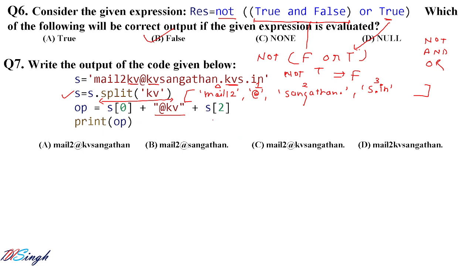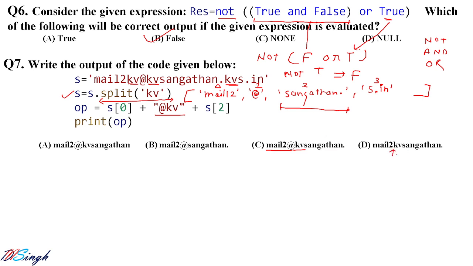So plus works as the concatenation operator in a sequence. String is a sequence, so it is going to put these two strings together. So here you will have mail2, then at the rate KB, after that Sangathan dot. So s of 2 is what? Sangathan dot. That is going to come after that.